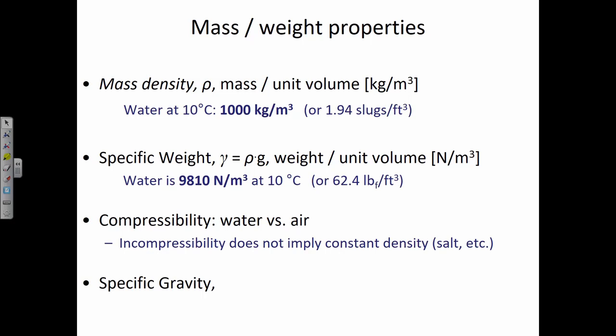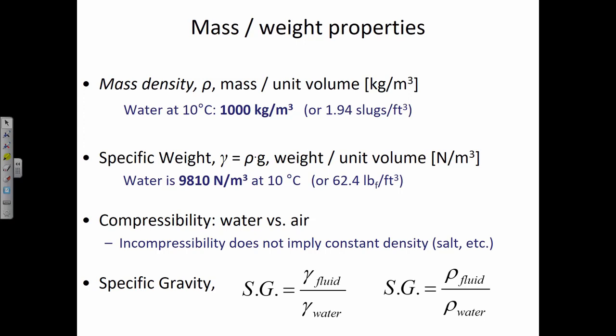Specific gravity is when we measure the relative density or the relative specific weight of a fluid compared to water. So we talked earlier about mercury. Mercury is that fluid that is unusually dense. Mercury has a specific gravity of 13.56.